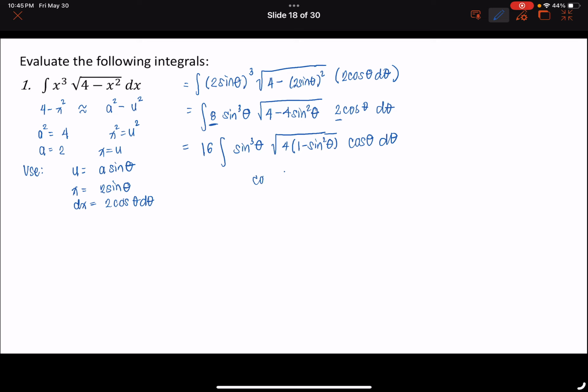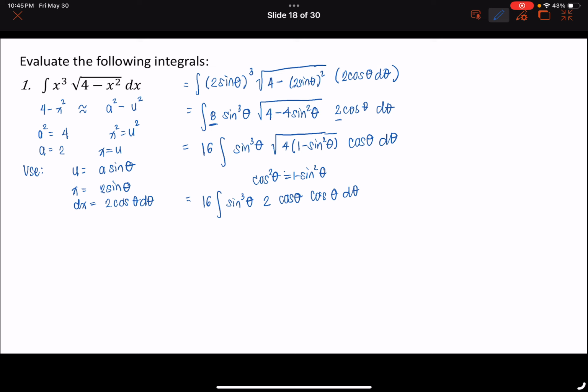We have the identity for cosine squared theta, which is equal to 1 minus sine squared theta. So we can simplify this as 16 integral of sine cubed theta. Square root of 4 is 2. 1 minus sine squared theta is cosine squared theta, and the square root of that would be cosine theta, times cosine theta d theta.